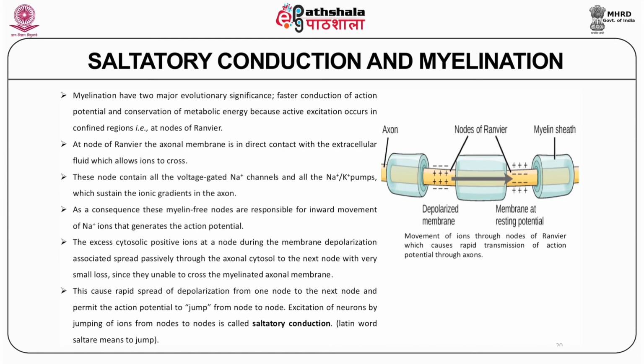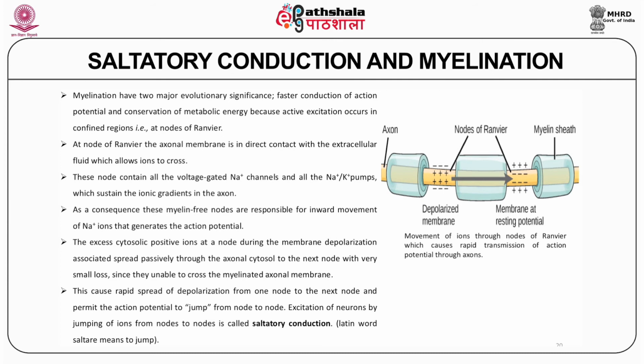These nodes contain all the voltage-gated sodium channels and all the sodium-potassium pumps which sustain the ionic gradient in the axon. As a consequence, these myelin-free nodes are responsible for the inward movement of sodium ions that generates the action potential.